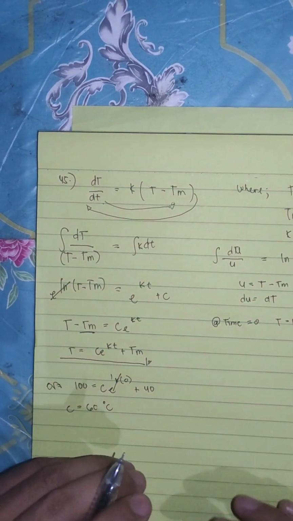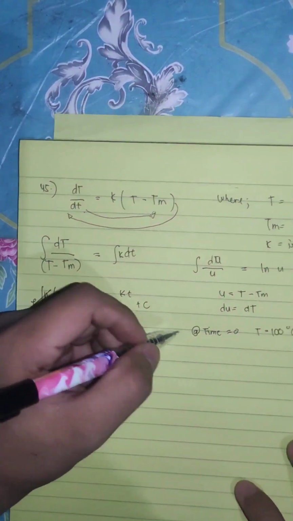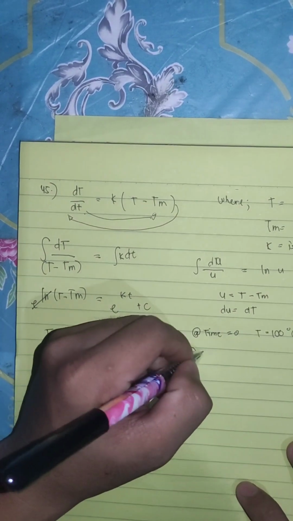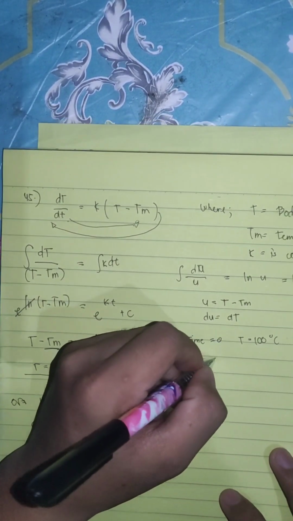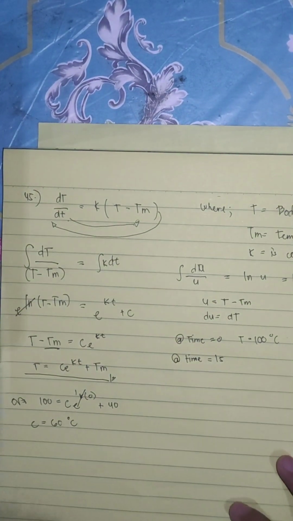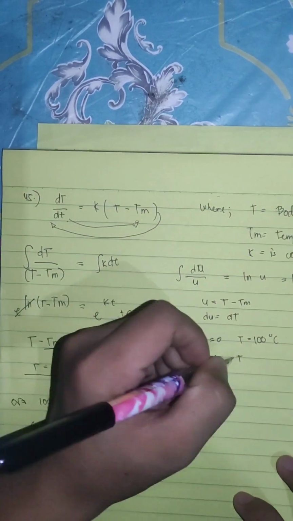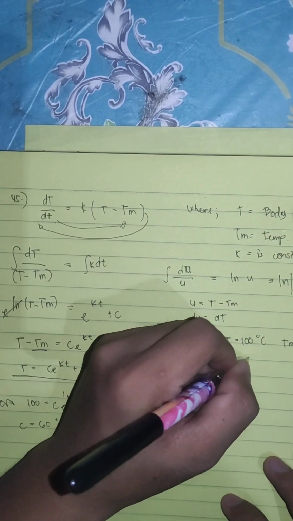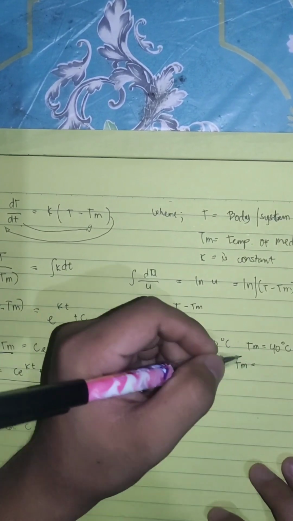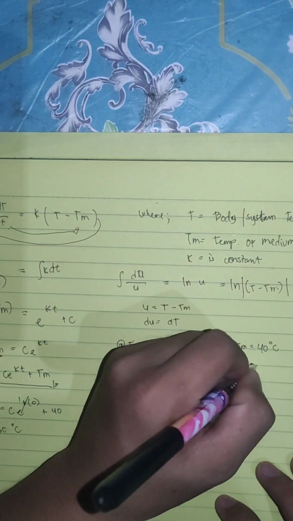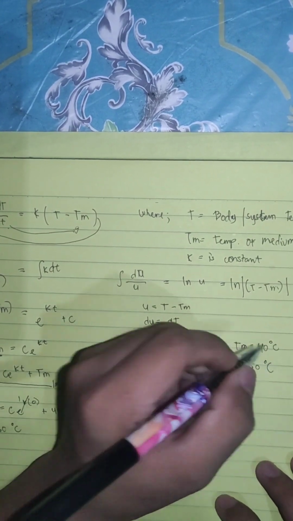Now it says that at time t, which is 15 minutes, the temperature is 80 degrees Celsius and the temperature of the medium is 50 degrees Celsius.